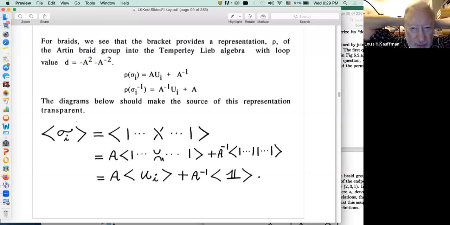You can also understand it as a mapping rho, which takes the n-strand braid group into the Temperley-Lieb algebra. Then sigma I goes to A u_i plus A inverse times the identity. And you can see that that rho is a mapping, a representation of the braid group to the Temperley-Lieb algebra.